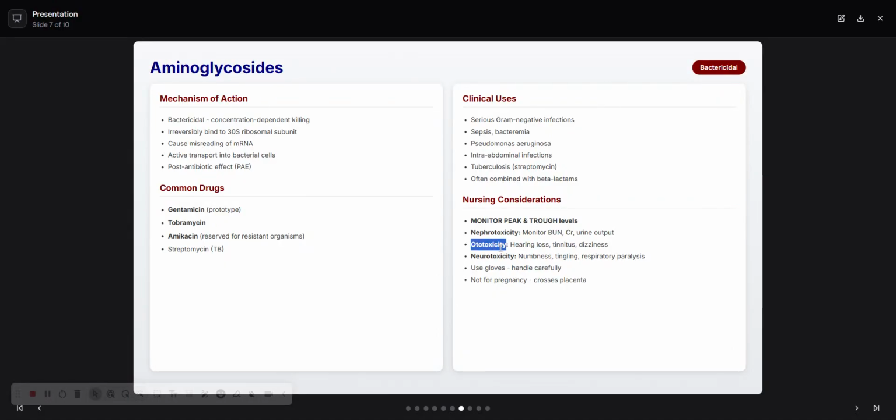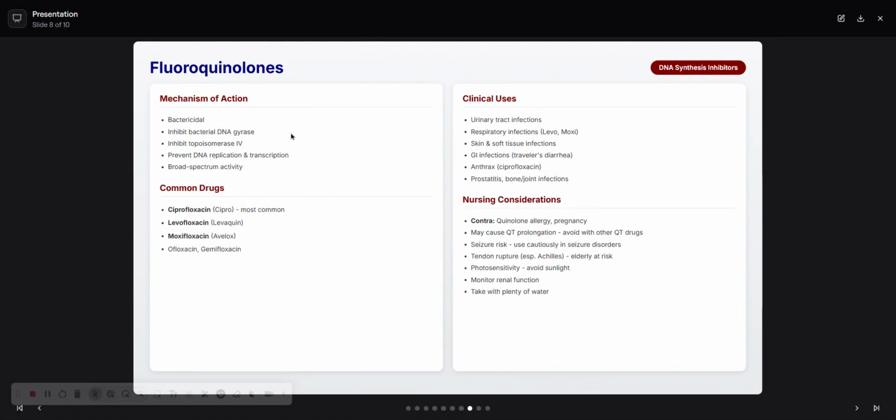Ototoxicity is basically toxicity in the ears, so hearing loss, ringing in the ears, that's what tinnitus is, and dizziness. Nephrotoxicity is liver tox. Wait, yeah, okay. So nephrotoxicity is liver toxicity, and that's really all you have to know. Aminoglycosides are kidney and ear toxicity.